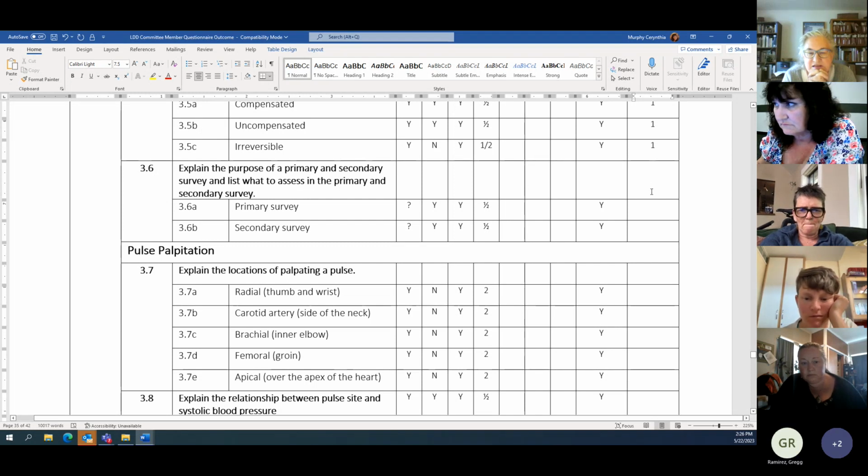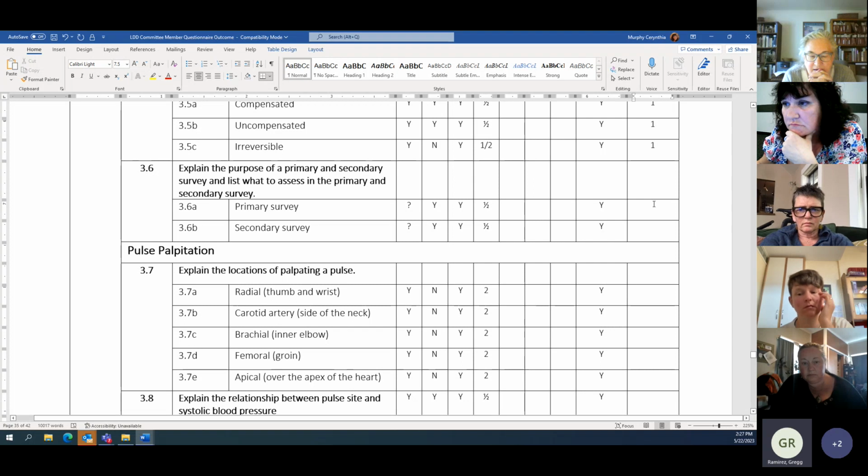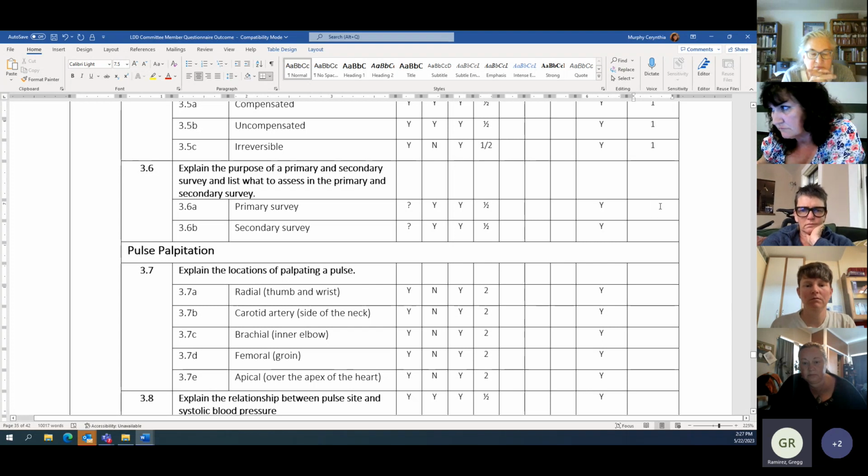This is a standard division of the information, and I think it lends itself well to an emergency response like I do, where we conduct a very defined primary and secondary. But given this interaction, it's kind of just a conversation with the individual. In that process, you're looking at their level of consciousness. You can tell if they're perfusing well just by skin color and level of consciousness. So I don't think dividing it out lends itself well to what we're trying to achieve here.